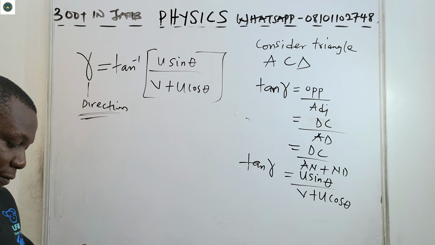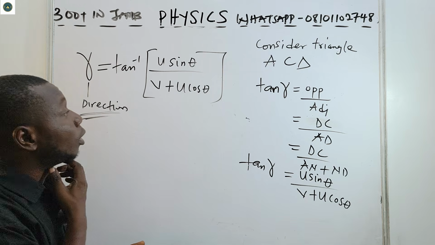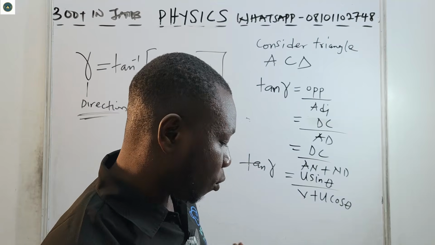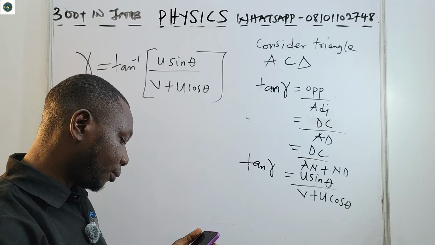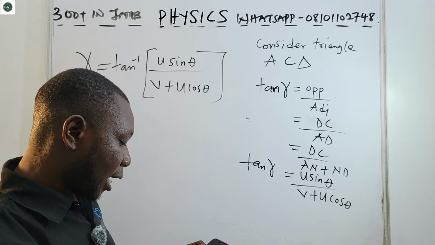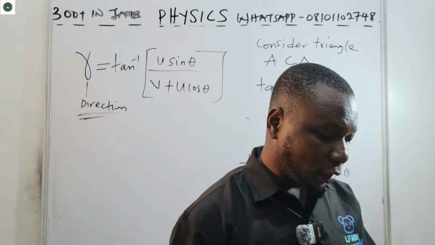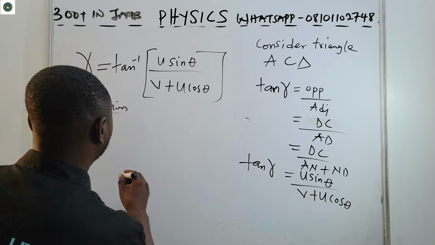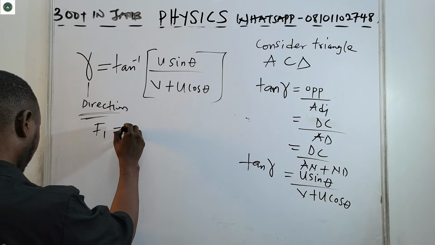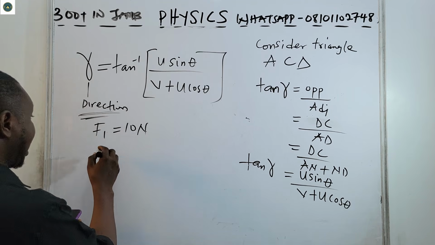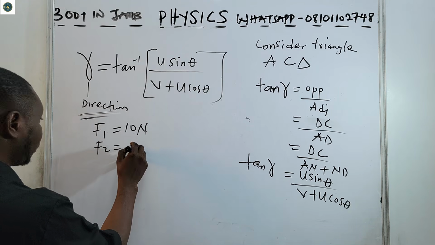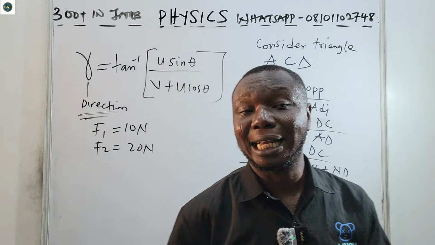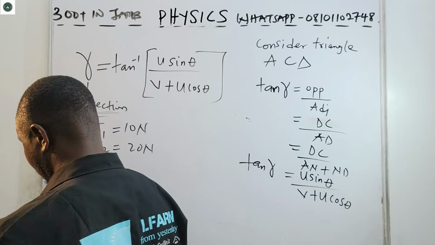All right, we have one here. Before we take questions from the app, let's see what we have here. Based on the parallelogram law, it says two forces, 10 Newton and 20 Newton, so let's say F1 is 10 Newton and F2 is 20 Newton, are inclined at an angle of 60 degrees to each other.